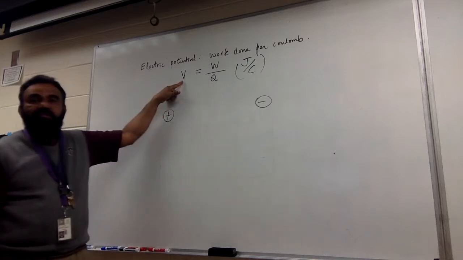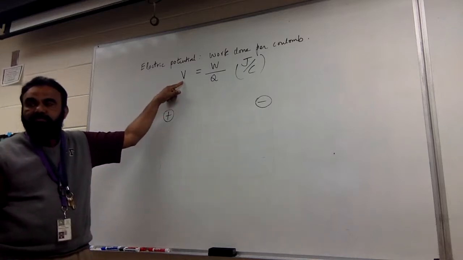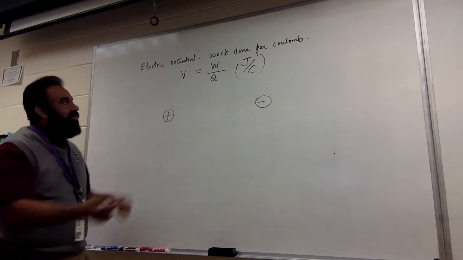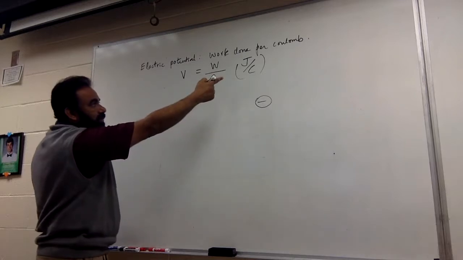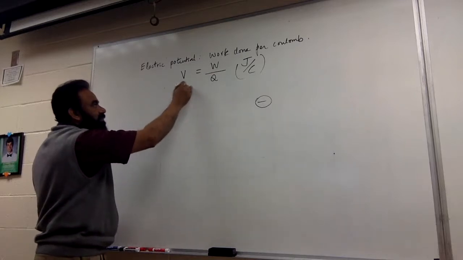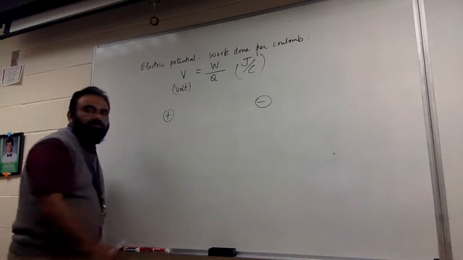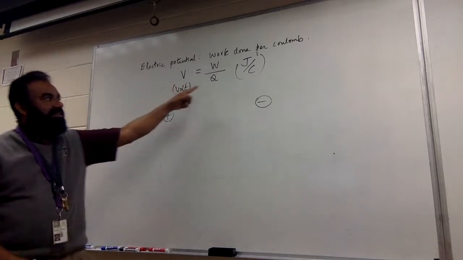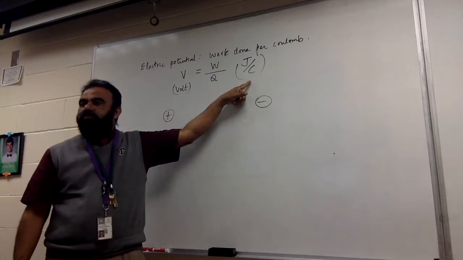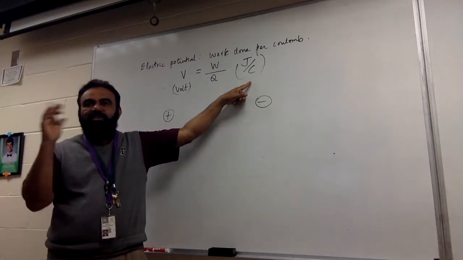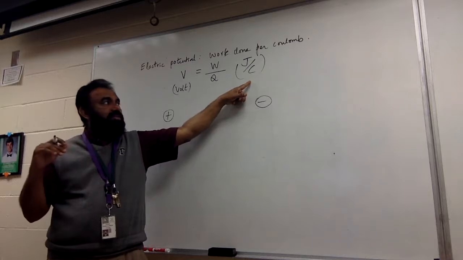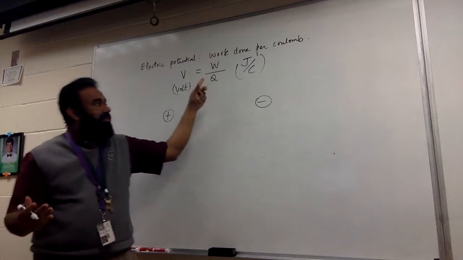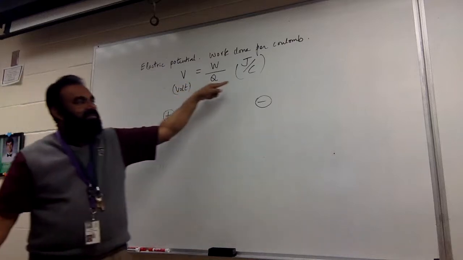And V stands for voltage. So electric potential is the same thing as voltage. And what is this measured in? Of course, joules per coulomb, but this is what we call the volt. So when you say so many volts, what you're saying is how many joules per coulomb. So try to understand the connection between joules per coulomb and volt. It's the same thing.